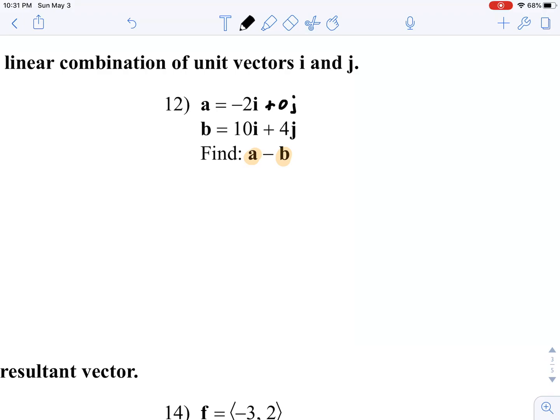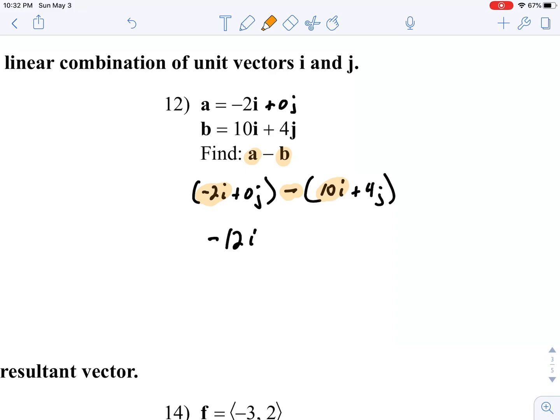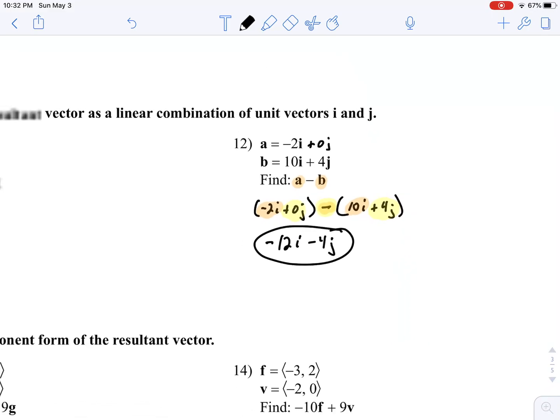So if we want to subtract this, it's negative 2i plus 0j minus, and then vector b is 10i plus 4j. So just combine like terms. Negative 2 minus 10 is negative 12i. And then, let me change colors. 0j minus 4j. 0 minus 4 is negative 4j. So that should be that answer.